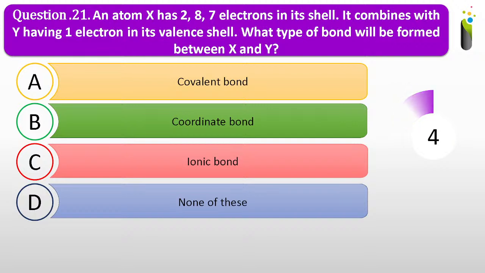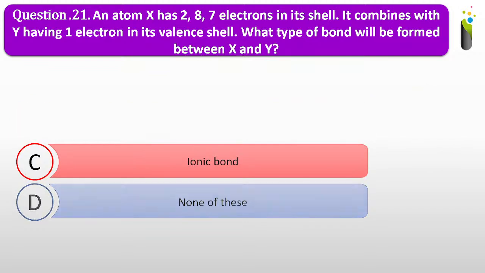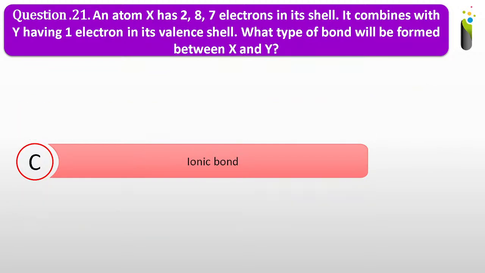So what should be the answer for question number 21? So the answer for this question is C. That is ionic bond. Correct, Reshma.